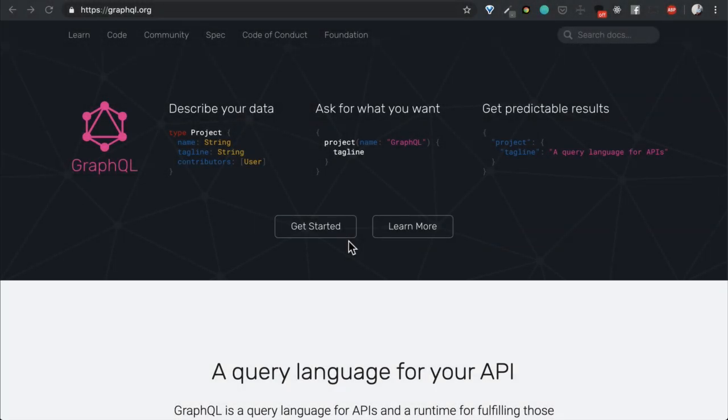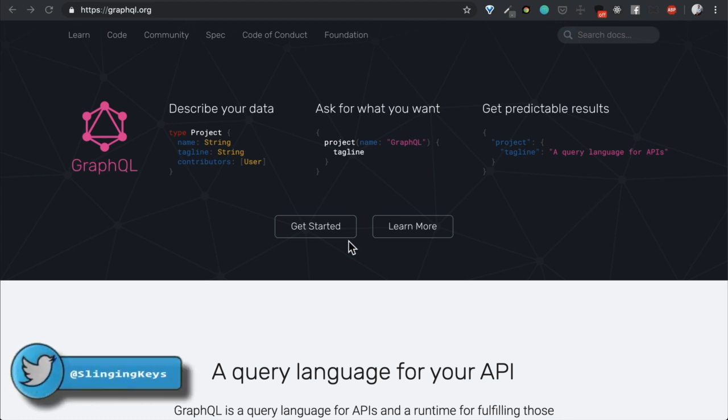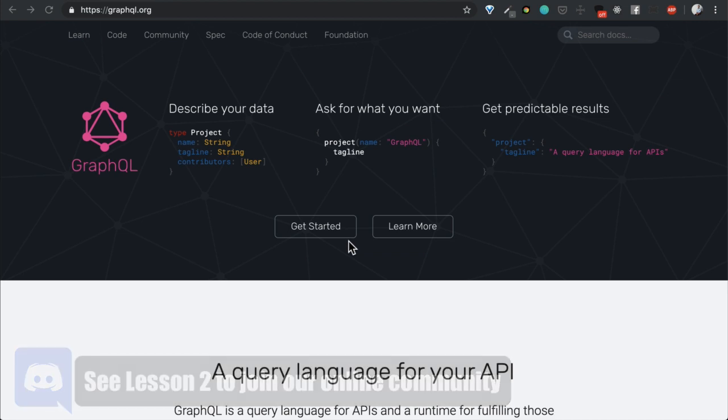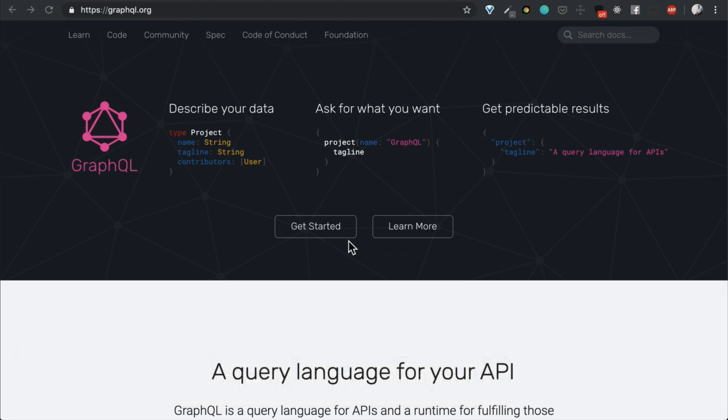Welcome back. Now, in this section of our course, we are going to take a deep look into GraphQL. I'm not going to lie to you. This GraphQL section is going to be pretty complex and it's going to be pretty long.